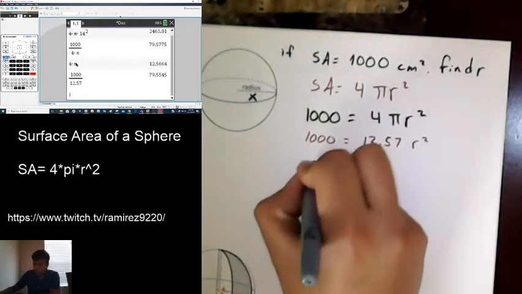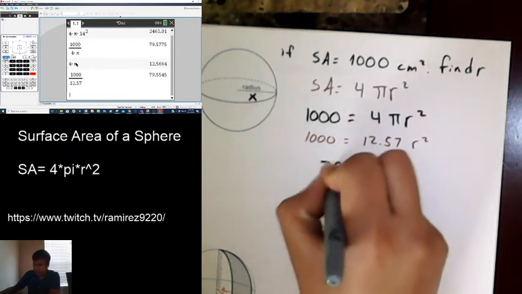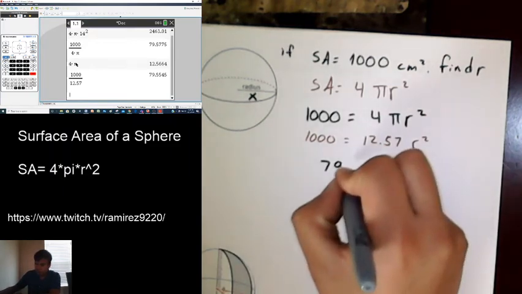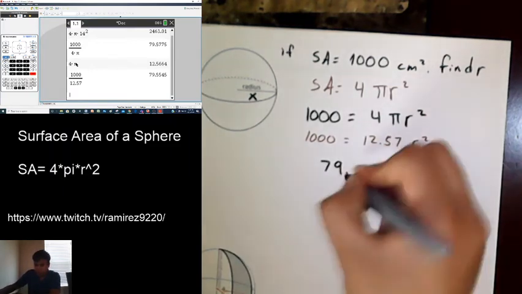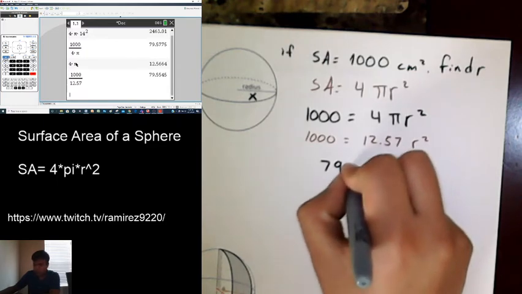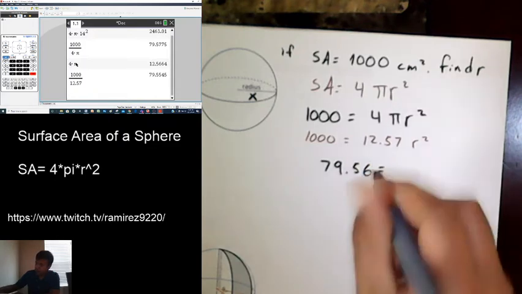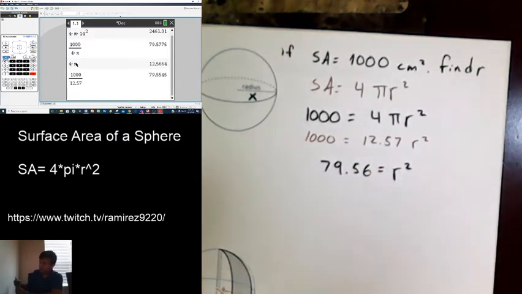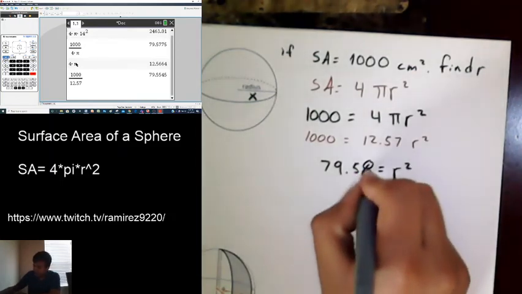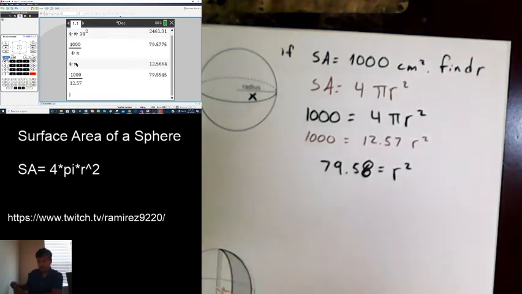So now after division, I have that this is 79.56, is equal to r squared. Okay, actually, I'm going to make it an 8 because I have the calculator. I don't have a reason to be using other numbers.